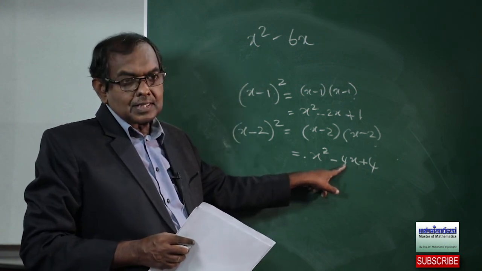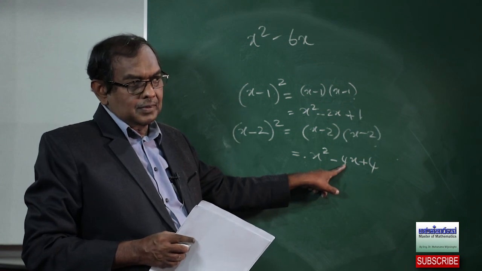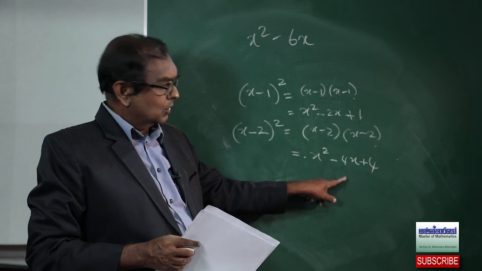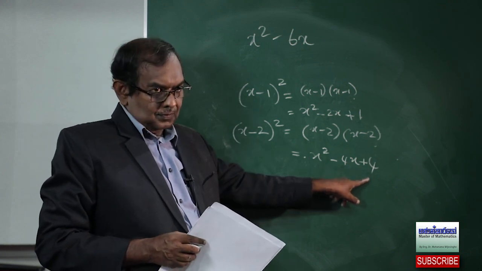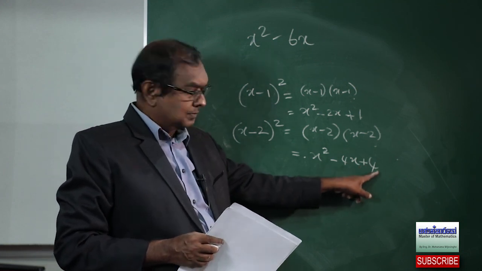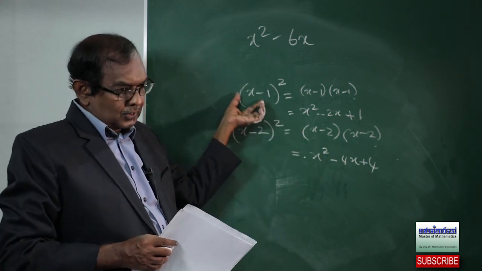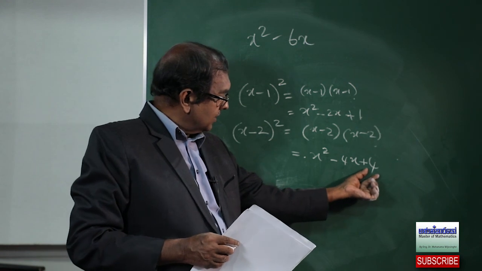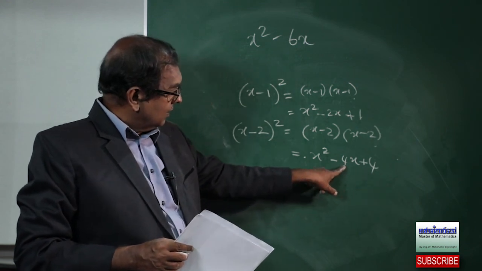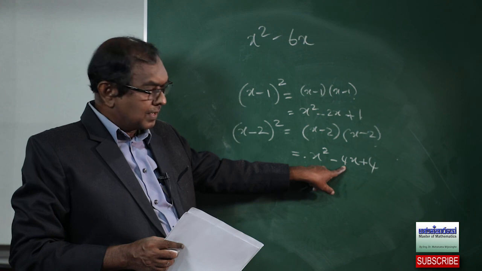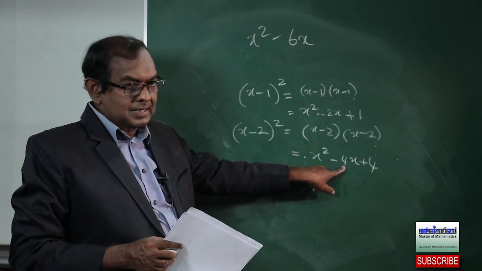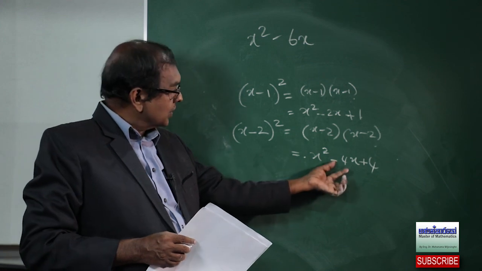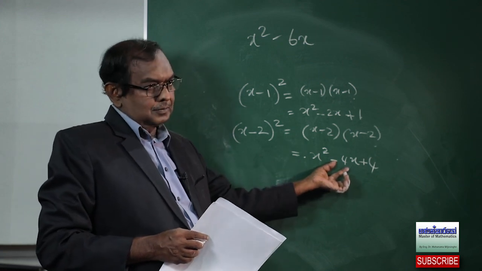Half of 4 is 2. The square of 2 is 2 into 2, 4. That value is here. If it is a perfect square, this relationship is there. The constant value is half of this coefficient, squared. You have to get the half of this value and the square of this value. This is the relationship.